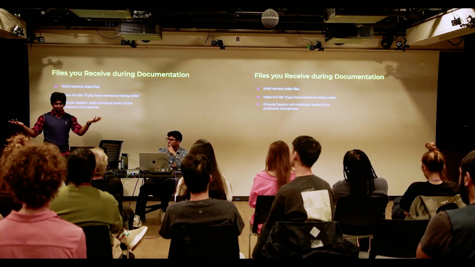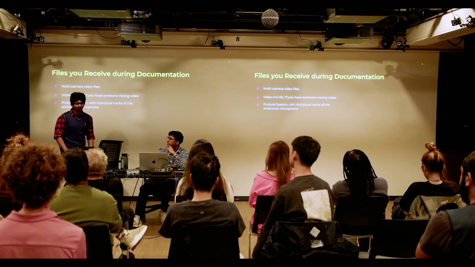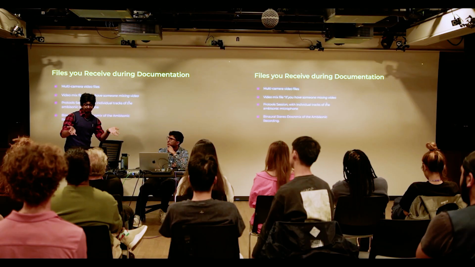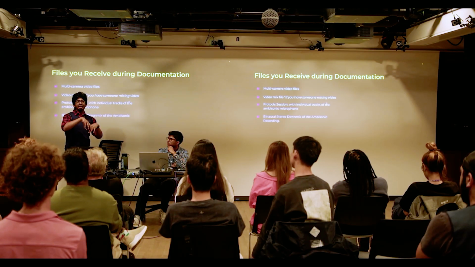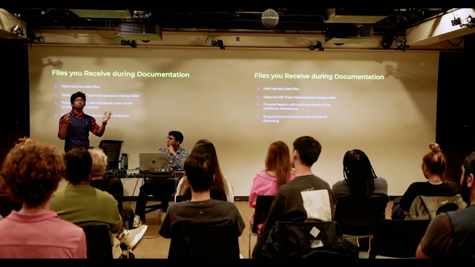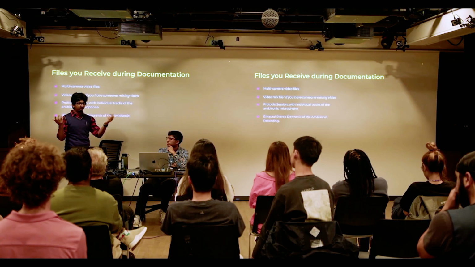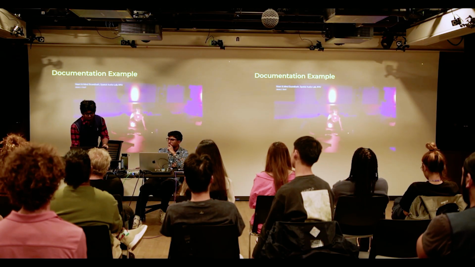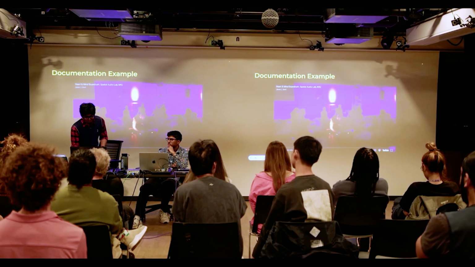The Pro Tools sessions, of course, with individual tracks for the ambisonic microphone, etc. You also get the binaural downmix embedded on each video file, so you can sync it later if you're editing all of this later. And here's an example of how documentation was done in this space.